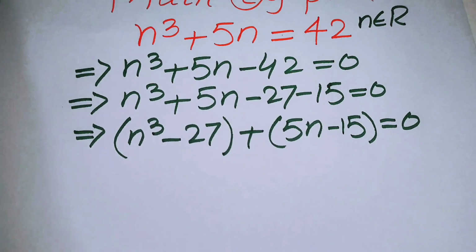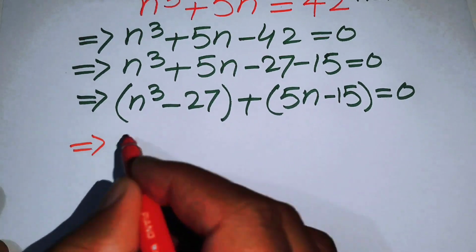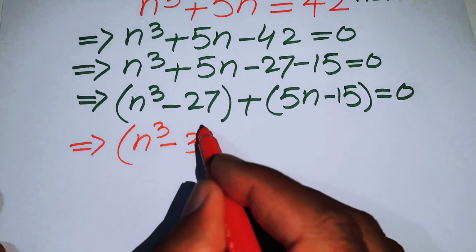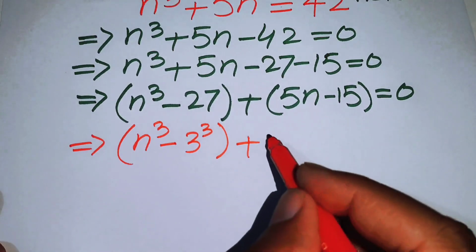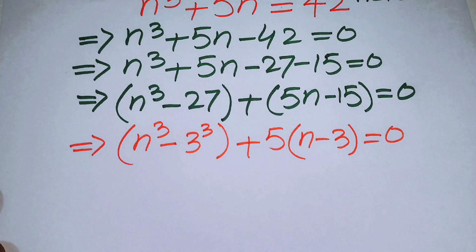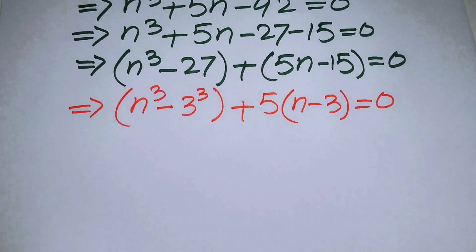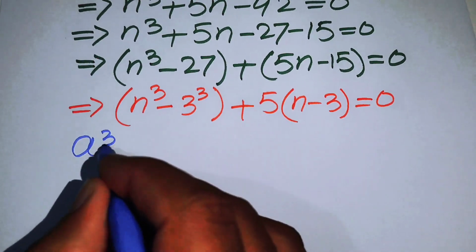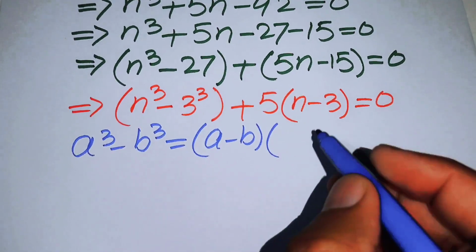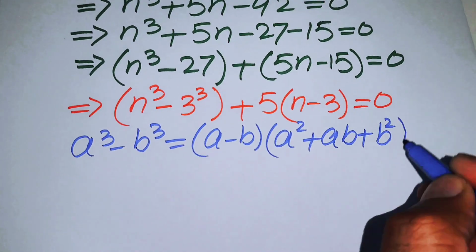Here you focus on both of the terms. In the first term we have n cubed minus 27, and we can write 27 as 3 cubed, plus here we take common 5, and you will get n minus 3 is equal to 0. In the next step we can use the nice cubic formula, and you know about this formula: a cubed minus b cubed is equal to a minus b times a square plus ab plus b square.